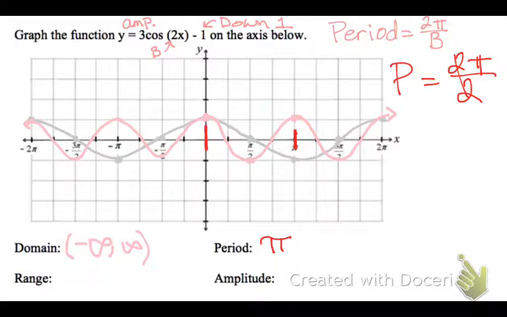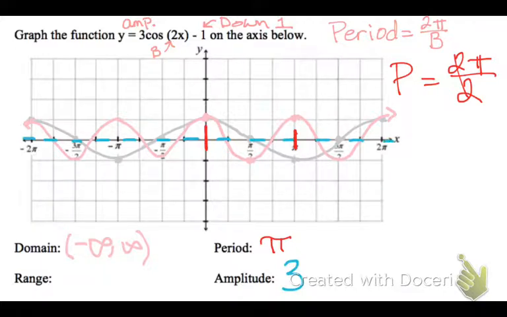Things that could change are my range. And things that change my range are the amplitude and then the vertical shift. So next we're going to go into the amplitude. The amplitude is 3. That is the a value in the front of the function. And that changes my distance from the midline.